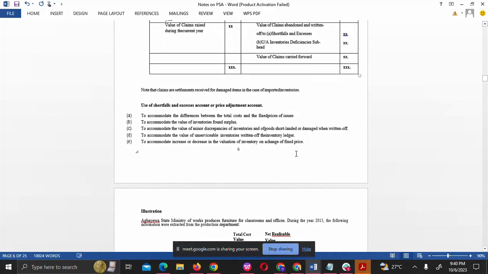Then you have the use of the shortfall and excess price adjustment account. Number one, we do adjustment to accommodate the difference between the total cost and the fixed prices of issues. Number two is to accommodate the value of inventories found surplus. Number three is to accommodate the value.